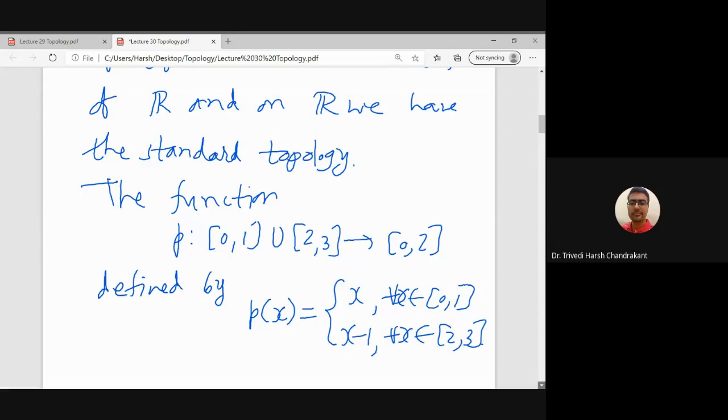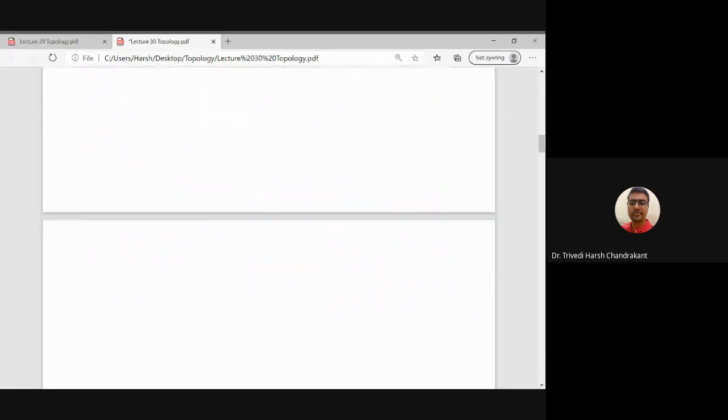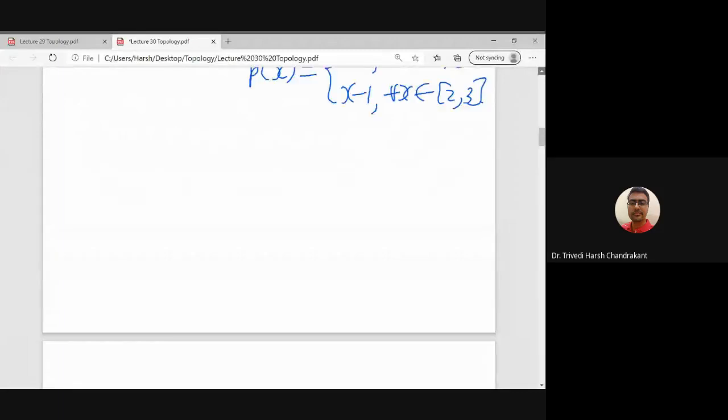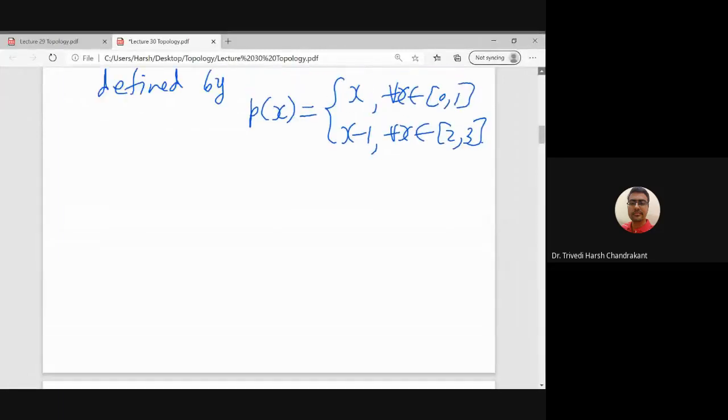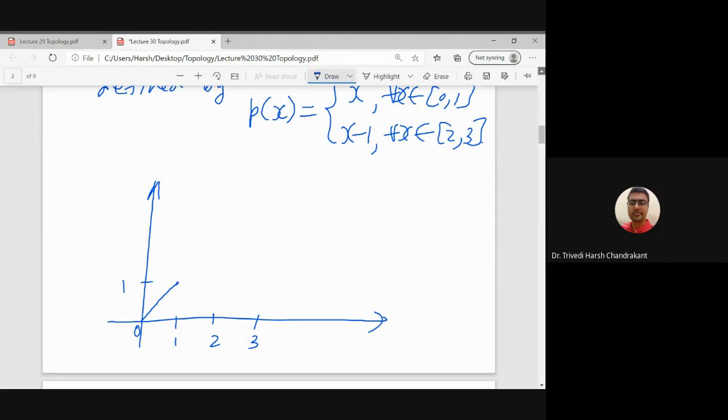So what shall be the graph of this function? Let us first see that. The domain is [0,1] and [2,3], closed intervals. On [0,1] the function is the identity function, so it will go up to 1, and after that it will start from 2, and at value 2 it takes value x minus 1, so that is 1.